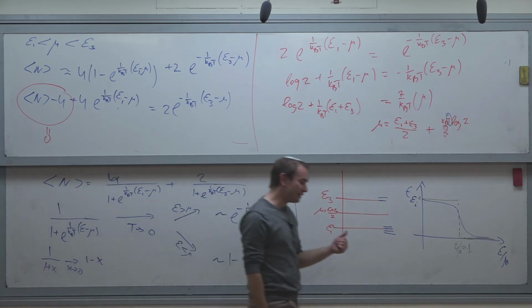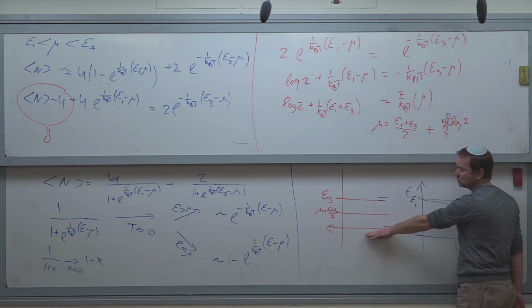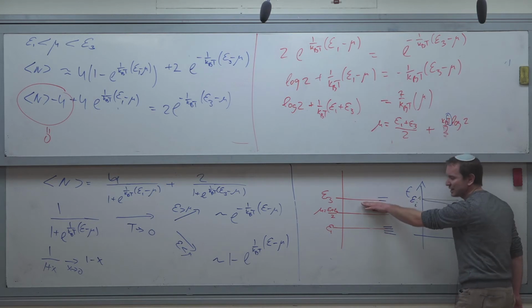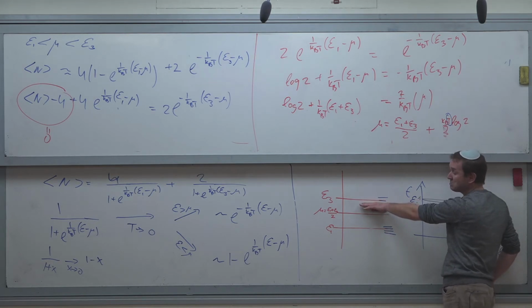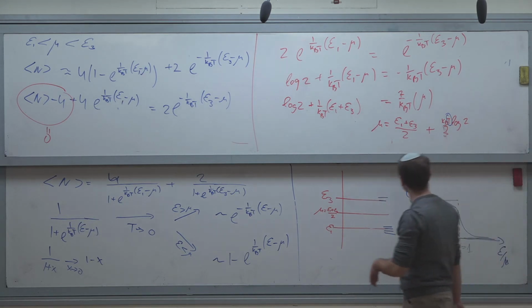So the Fermi energy depends on the average number of particles. It depends on the temperature. Okay? It's somewhere in between the lowest possible energy and a slightly higher energy. And it's growing with temperature as we increase the temperature. That's it. Exactly what this Fermi energy is, we usually don't know.